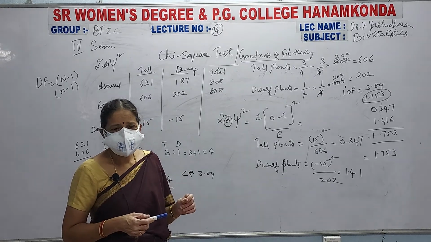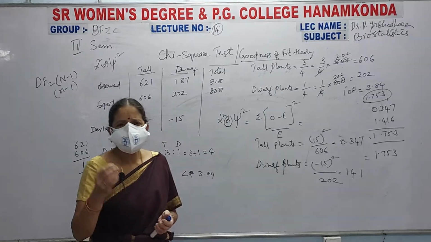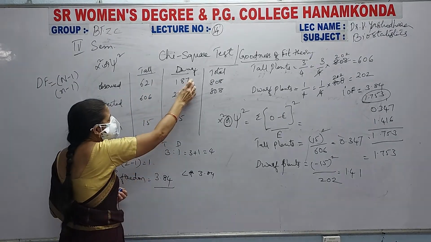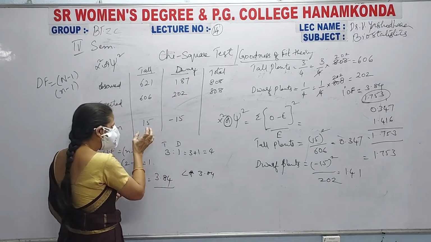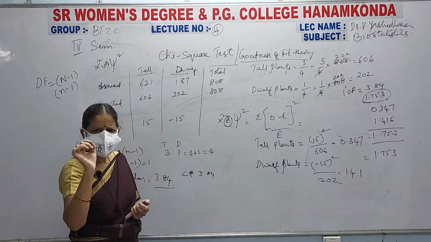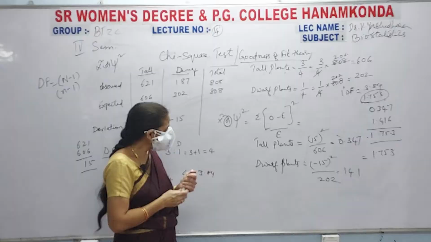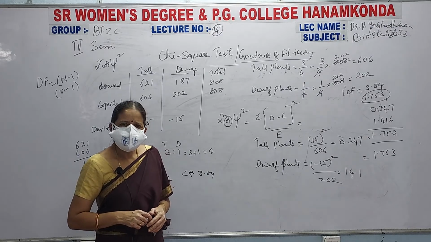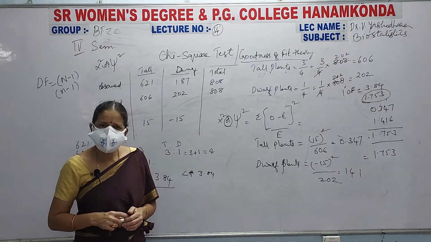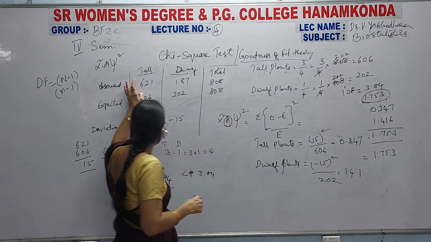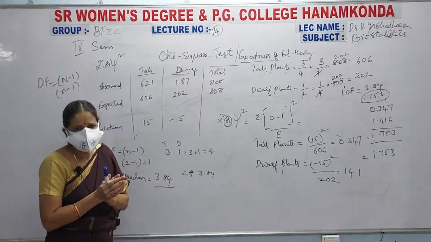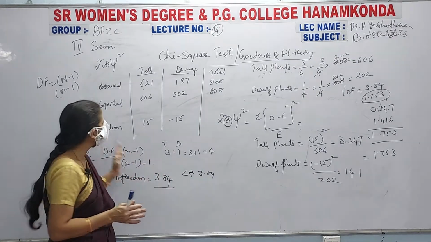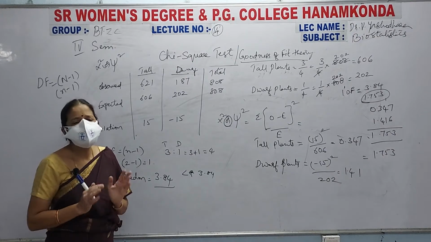So it indicates that the observed and the expected values have a minor difference between them, that is 621 and 606, 187 and 202, whatever it may be, the difference is very meager or very small. So for that reason our results are obeying the chi-square test, and it is also known as goodness of fit theory. That means both are matching each other with only a small difference, so nothing to bother about, and our expected and the observed results are one and the same.